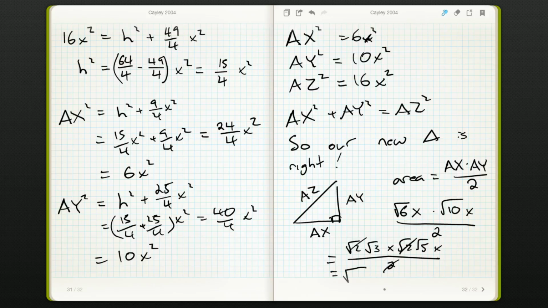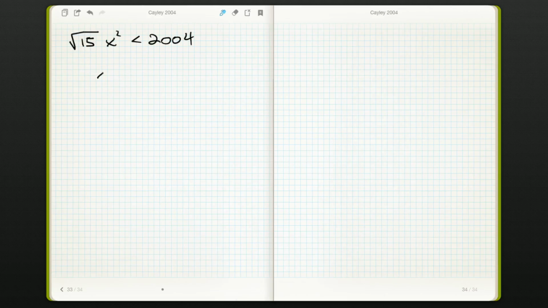And we'll be left with square root of 15x squared. So that's the area. And now I want square root of 15x squared less than 2004.